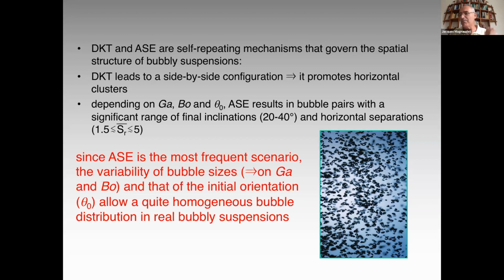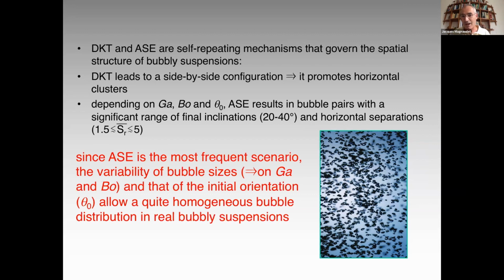which, depending on the flow parameters, that is the Galilei and Bond numbers and the initial inclination, we saw that the ASC scenario results in bubble pairs with different final inclinations and different horizontal separations.